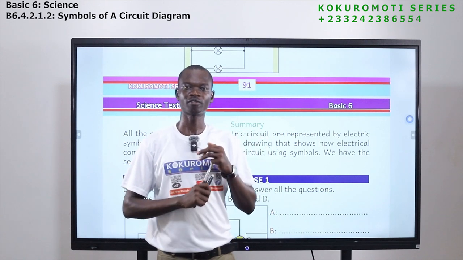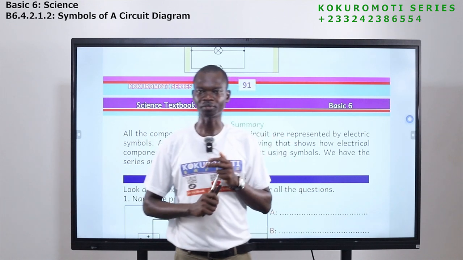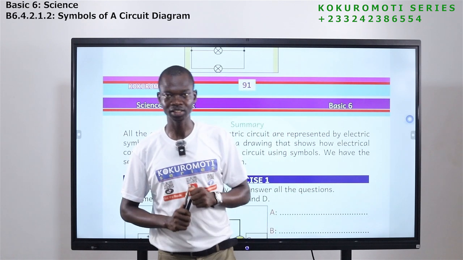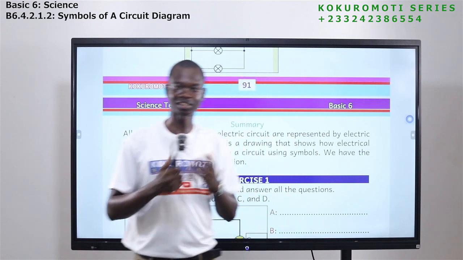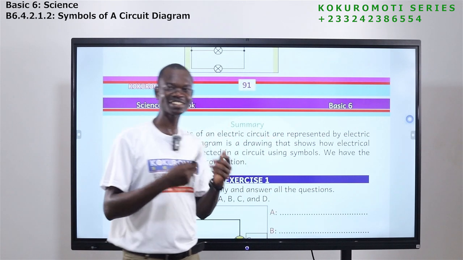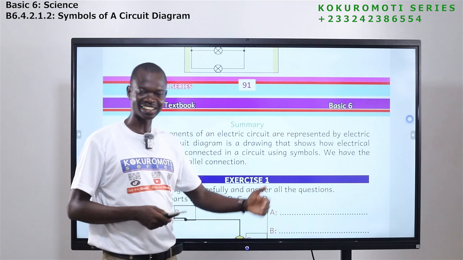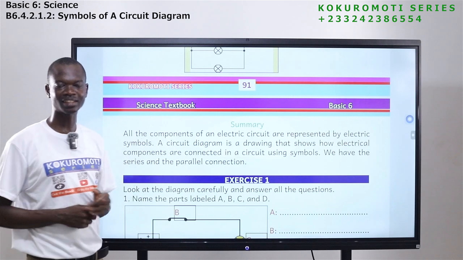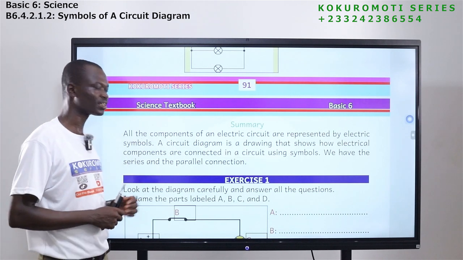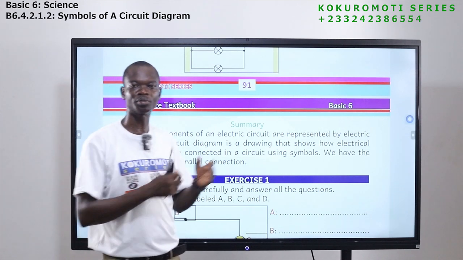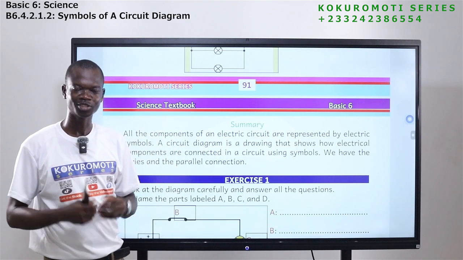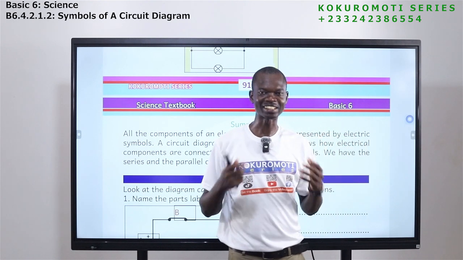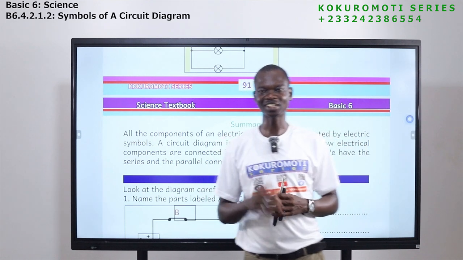We have seen the symbol for connecting wire, symbol for bulb, symbol for LED, symbol for key or switch, and also the symbol for battery and dry cell. We have also seen that the connection could be parallel, it could be what? Series. This is what I expect you to tell people if you are asked about the things that you have learned today. Okay, now let's look at the exercises.